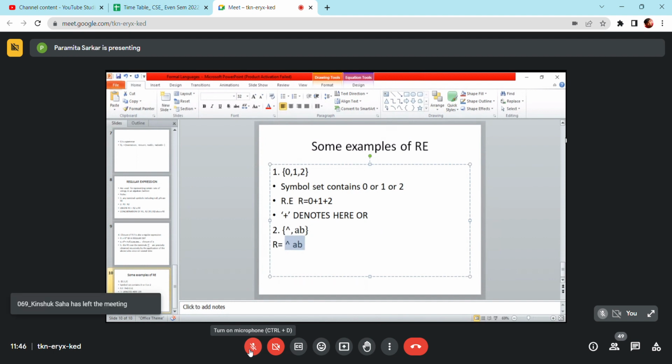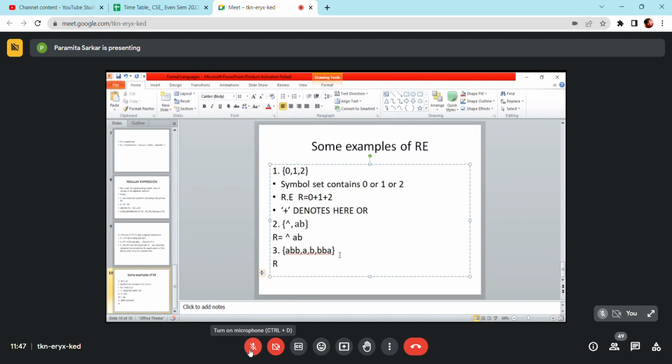Okay, so another example, that is the set of ABB, A, comma B, comma BBA. Here there is no null symbol, so we can say ABB or A or B or BBA. So we can use the plus symbol here.